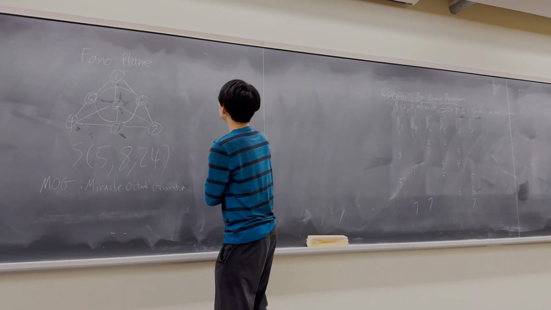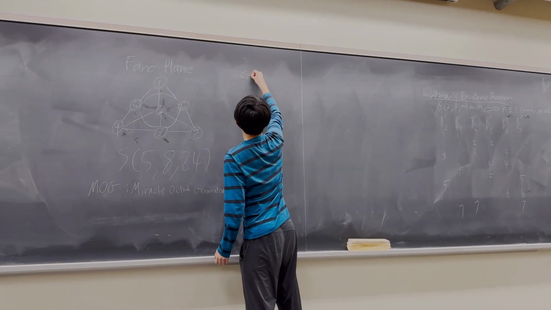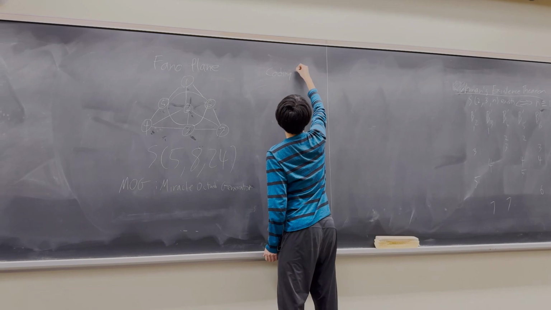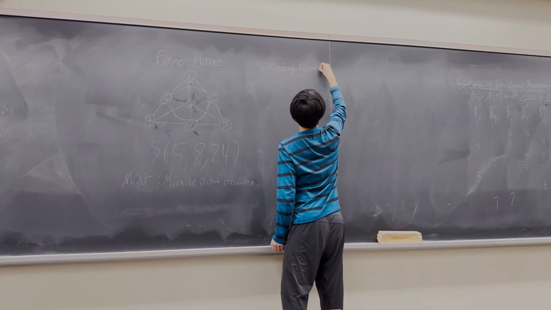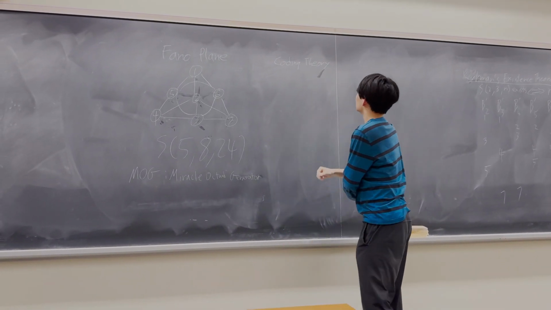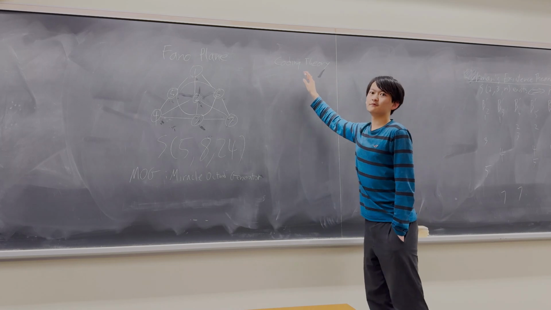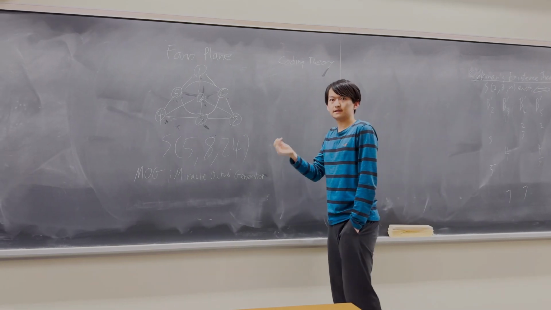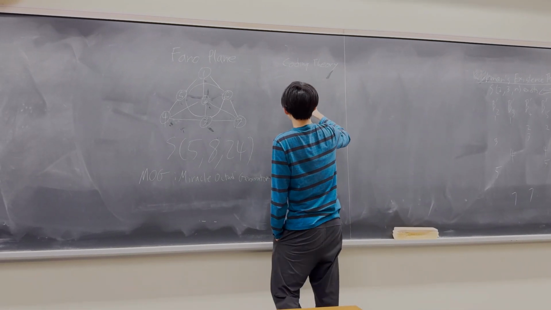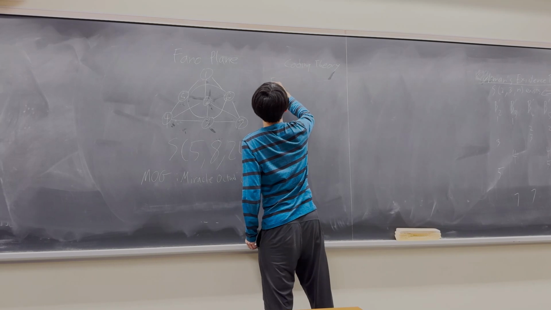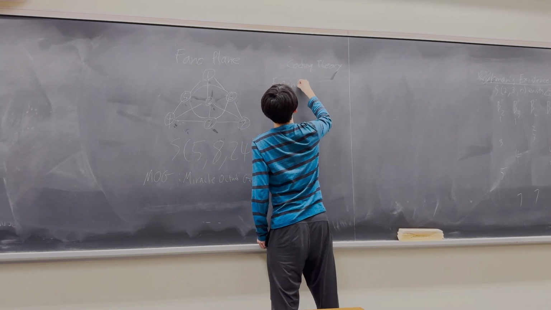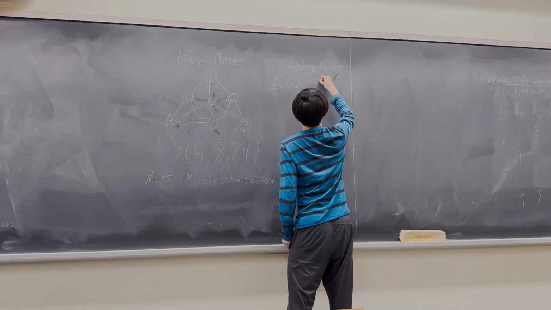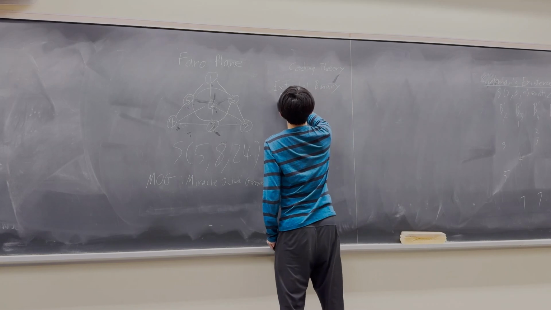One of the applications is in what's called coding theory. Within coding theory, there's a type of code called the extended binary Golay code.